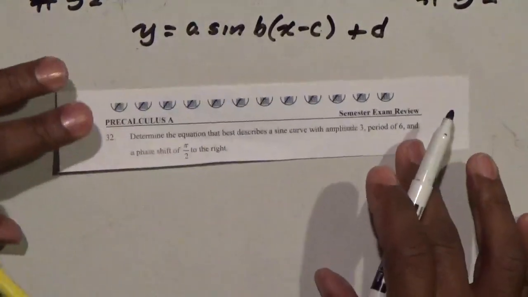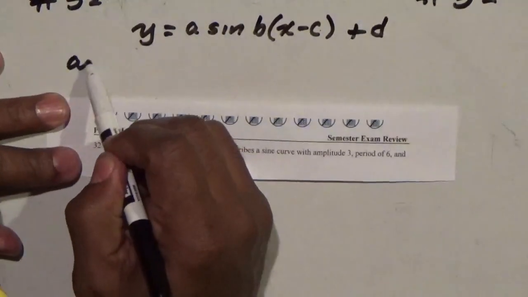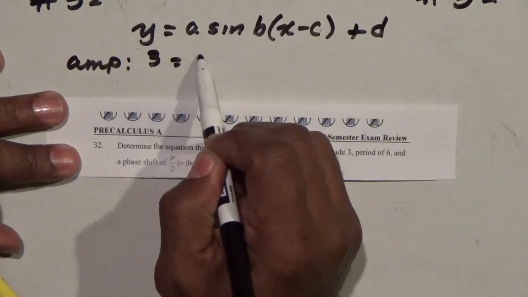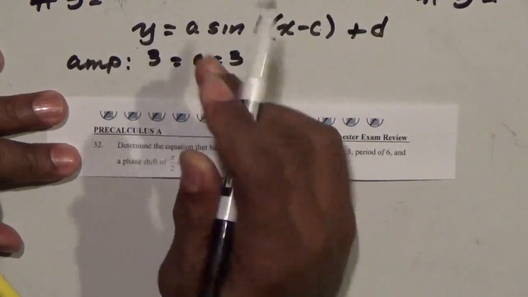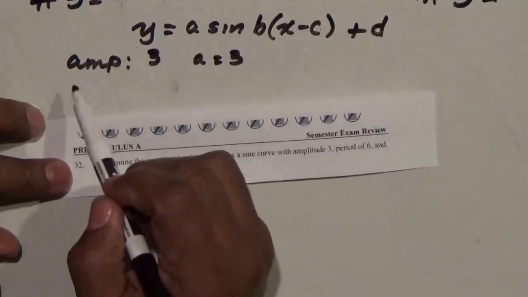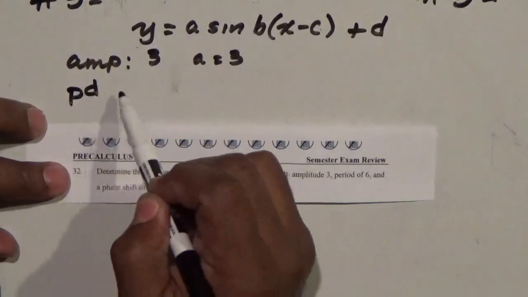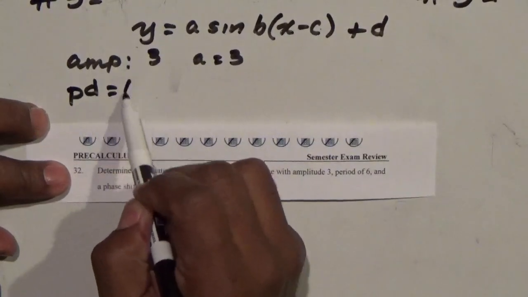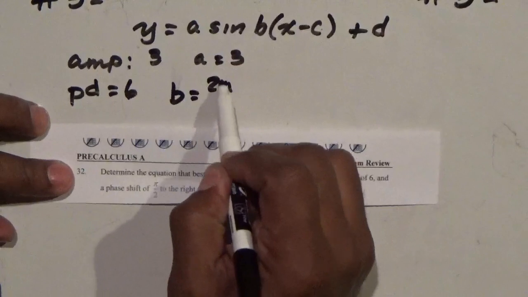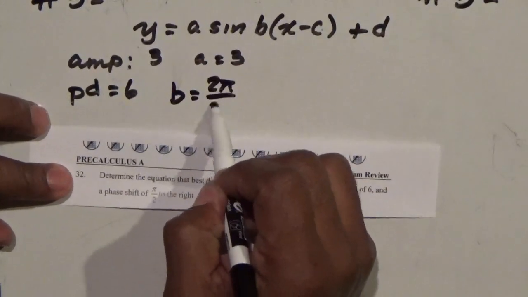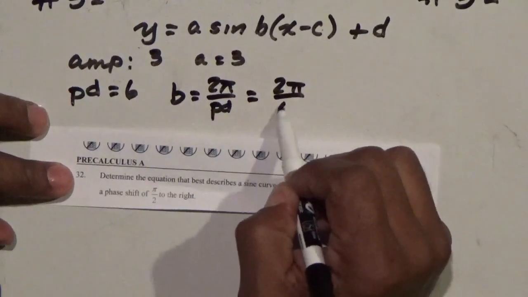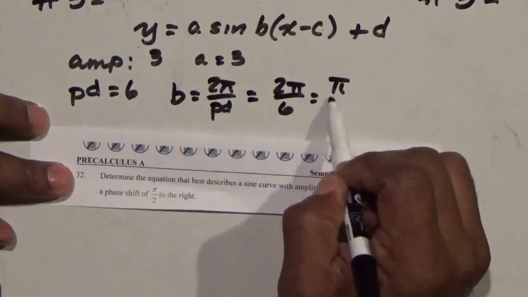The amplitude is 3, so a is 3. The period is 6, and to find b, b is equal to 2 pi over the period, so b is 2 pi over 6, which is pi over 3.